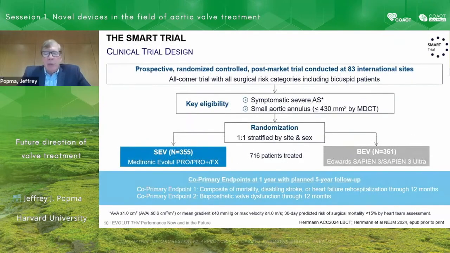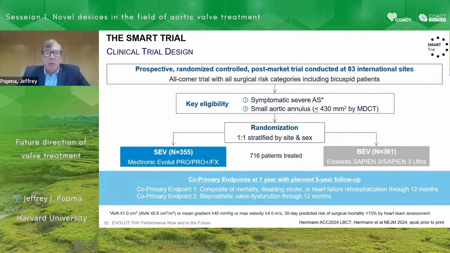We felt it was important to do a head-to-head comparison, a randomized clinical trial, excluding all of the unmeasured confounders that affect other sorts of retrospective analyses, even with propensity matching. So we enrolled 355 patients with Evolut and 361 patients with balloon expandable TAVR. We had 2 primary endpoints.